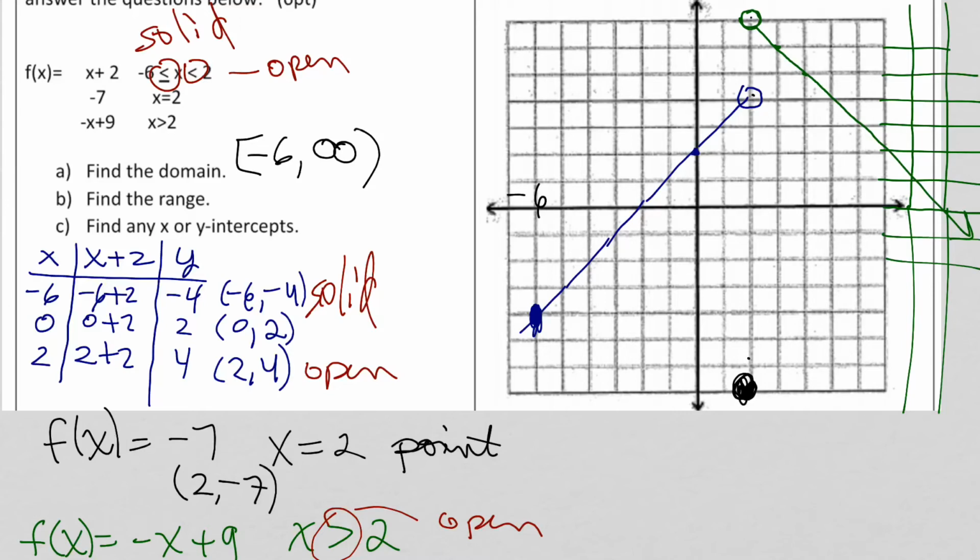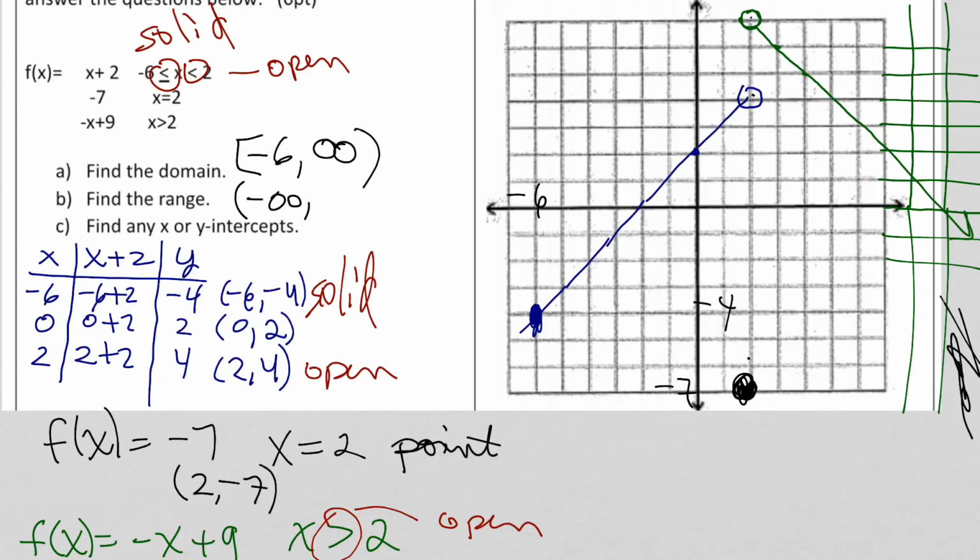The range. All right, is there a highest y, a lowest y? All right, so let's see. The lowest y, well, let's say we got -4 over here, but then we have a dot over here at -7. But then we have this green line coming down right over this direction, right? So it's going to be -infinity.